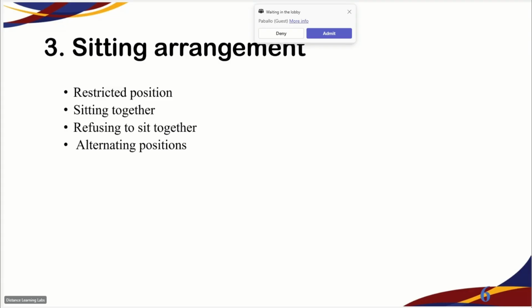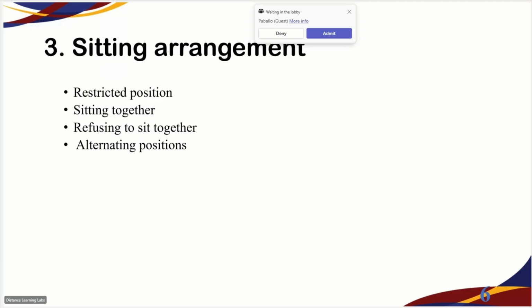If 2 particular learners prefer to sit together, then we refer to that as grouping. The same way as we responded to the question of grouping under objects, that is the same way we are going to respond to this question of sitting together. The third one, we can also have two particular learners that would refuse to sit together.